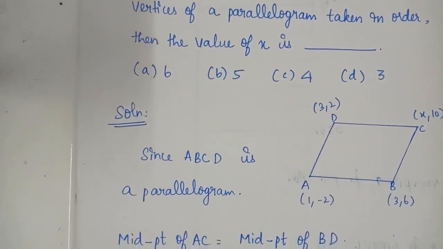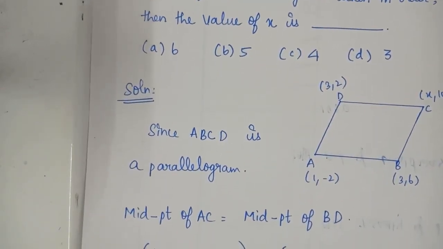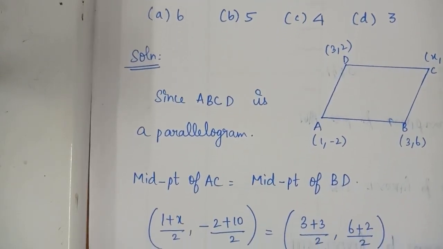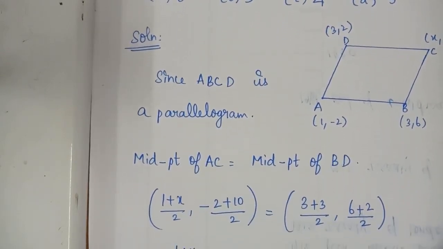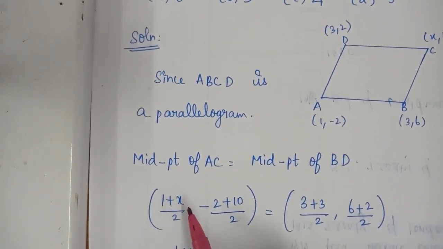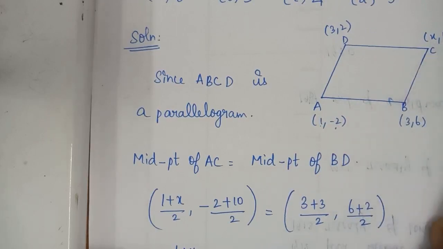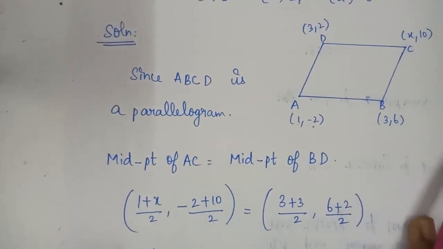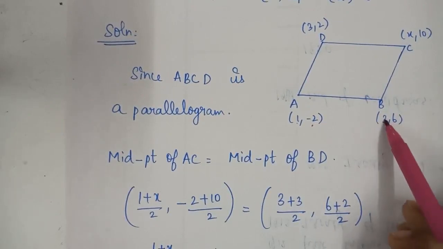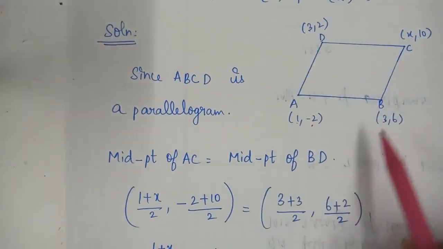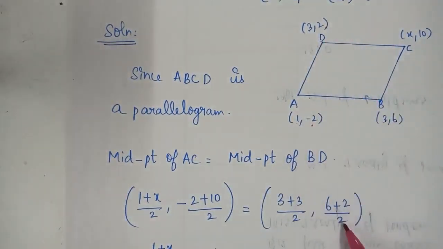In a parallelogram, we know that the midpoint of AC is equal to the midpoint of BD. So we know the points. Using the midpoint formula, we just substitute the values. That is ((1 plus x) divided by 2, (-2 plus 10) divided by 2), which is equal to the BD value, ((3 plus 3) divided by 2, (6 plus 2) divided by 2).